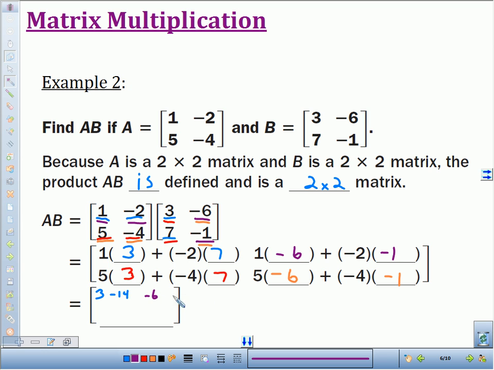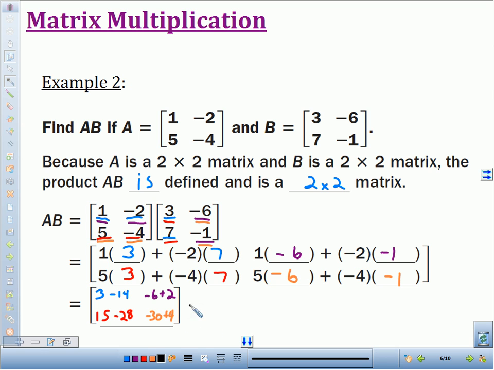Negative 2 times negative 1 is 2. Down at the bottom here, 5 times 3 is 15. And negative 4 times 7 is negative 28. 5 times negative 6 is negative 30. Negative 4 times negative 1 is 4.